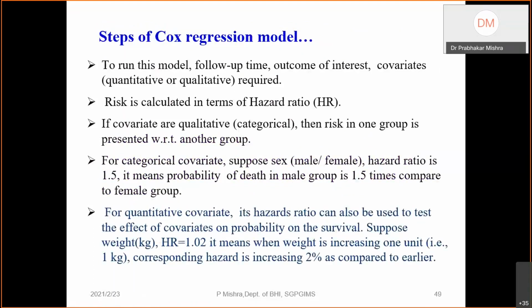When we are applying the Cox regression to run this model, follow-up time, outcome of interest, and covariate, quantitative or qualitative, are required. The independent variable may be quantitative, like age, BMI, height, weight, hemoglobin level, but also qualitative, like gender, diabetic, non-diabetic, risk factor present or absent, anything developed, not developed, cured or not cured.